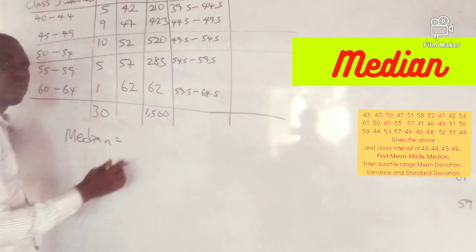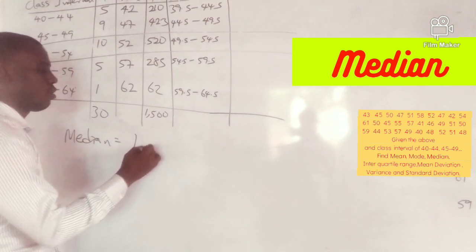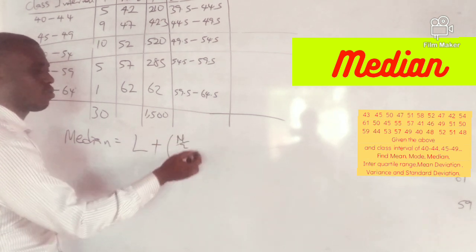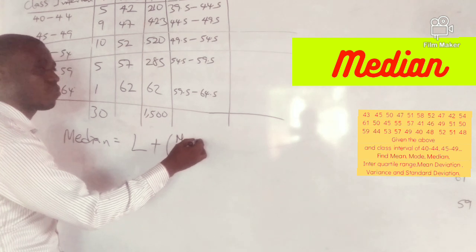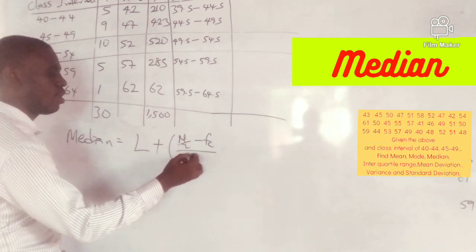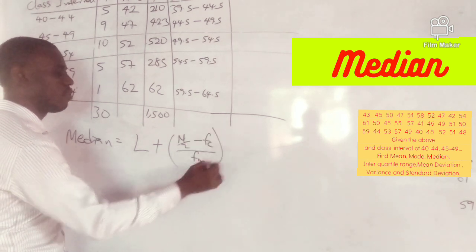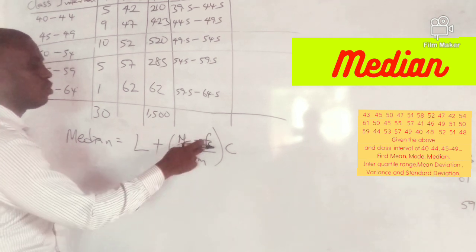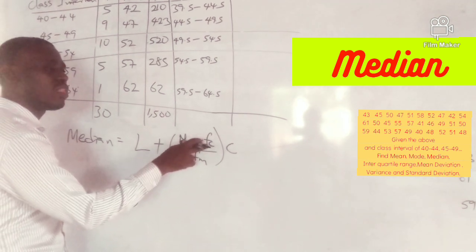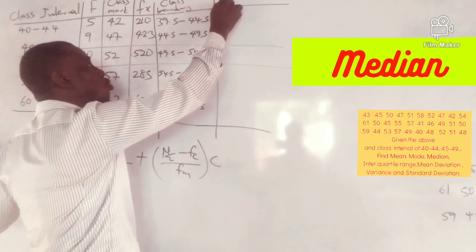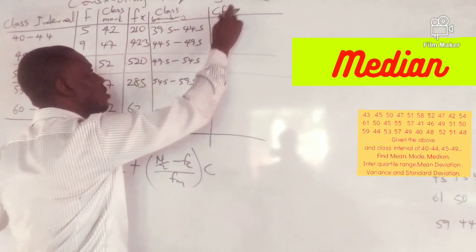What's the median? Median is L plus N over 2 minus FC over Fm times C. Your FC is the cumulative frequency, so we now need our cumulative frequency.